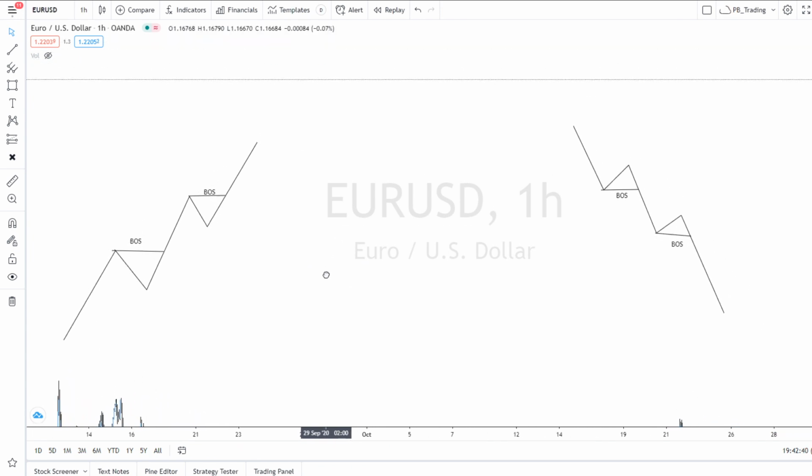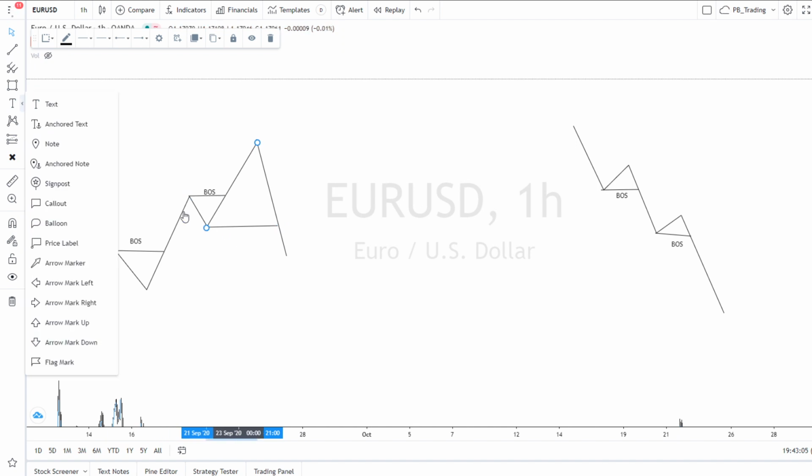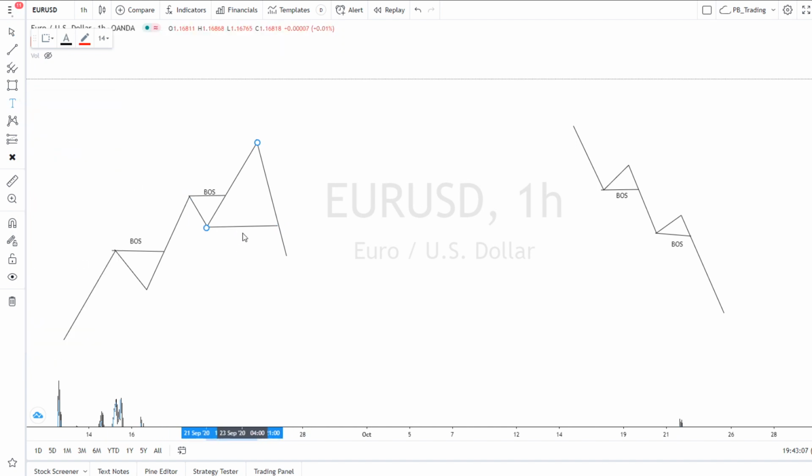Now, if a low is broken in an uptrend, so if price comes here and breaks a low here, then we can say that we have a break in market structure. I represent break in market structure by BMS.